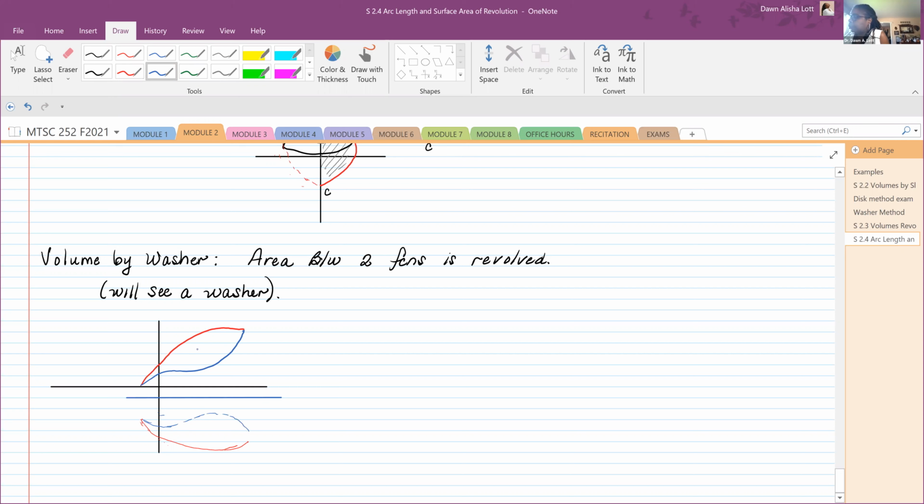That's better. And so I choose my value here, and then I find my first circle. Then I find my second circle. There's my washer.